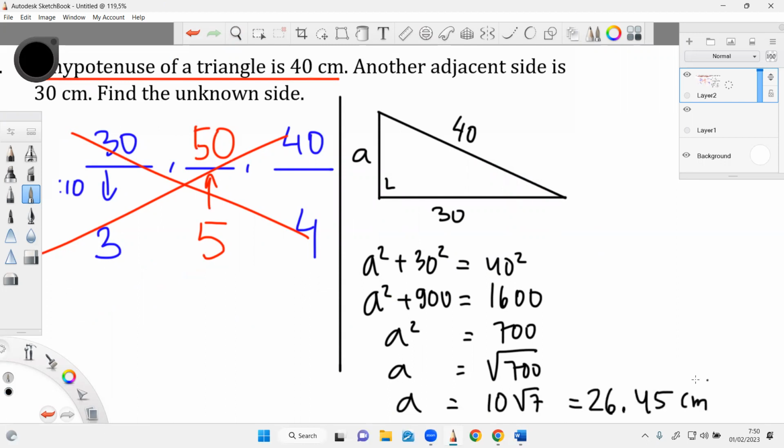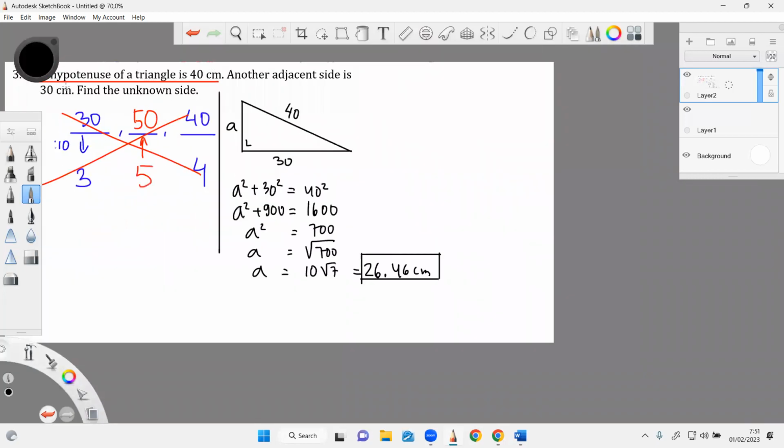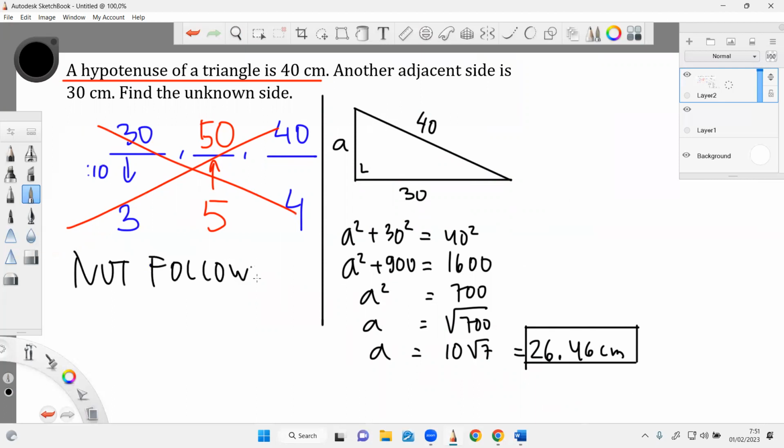Again, the Pythagorean triple rule does not replace the previous formula. It has to be connected and understood in parallel. You have to understand both. This question is not following any Pythagorean triple.